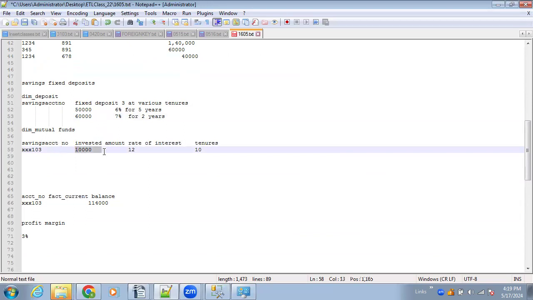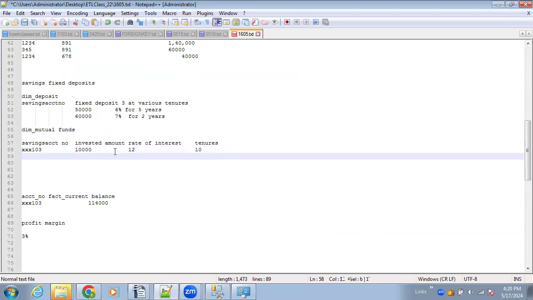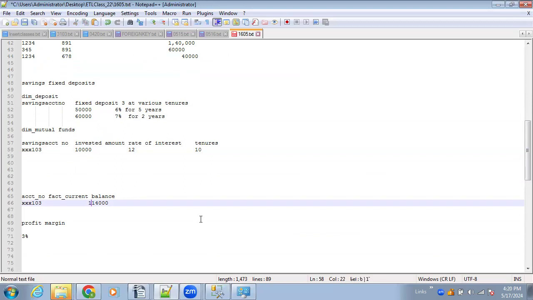So the current balance is the sum over these 10 years. Say on 1 lakh, I have gained like 12%, 12,000 interest. If I'm including 12,000, then my current balance will be 1 lakh 12, so 2 lakh 23,000, something like this.